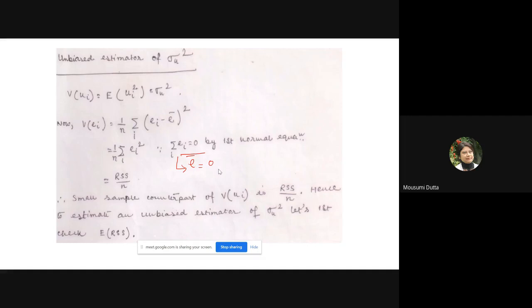So if I can show that expectation of RSS is equal to n sigma u square, in that case the variance of ei really is an unbiased estimator of variance of ui. So we are starting from the point of variance of ei.